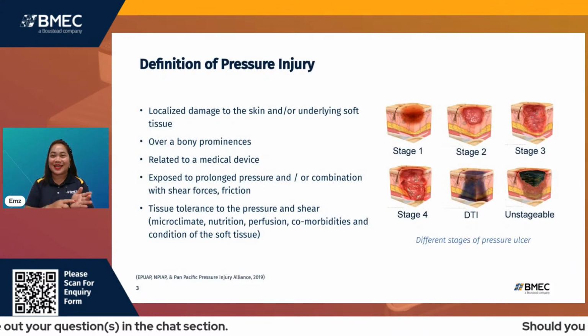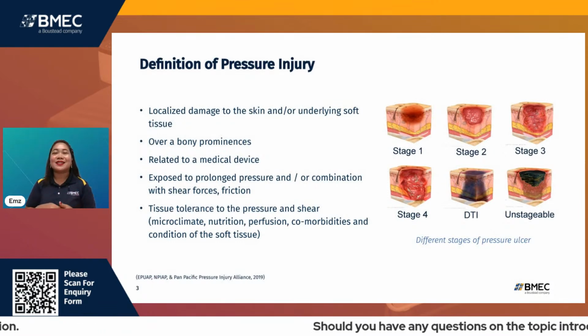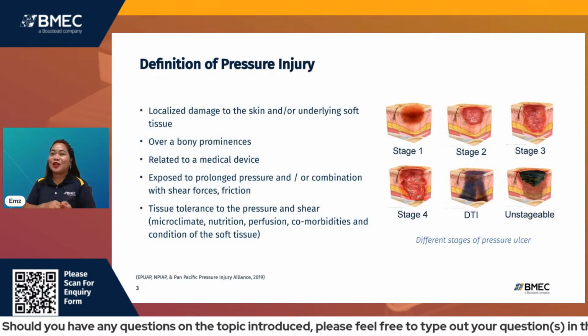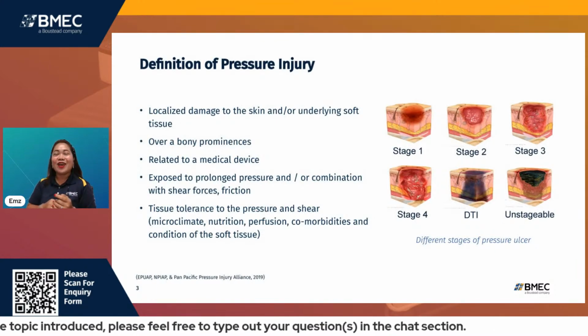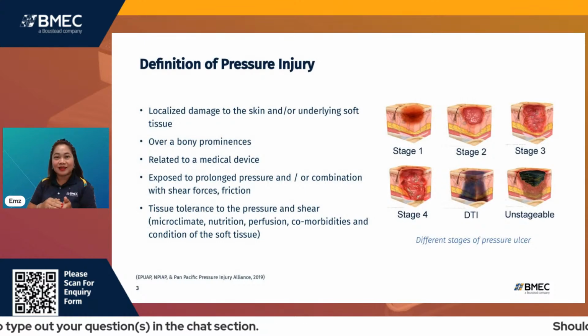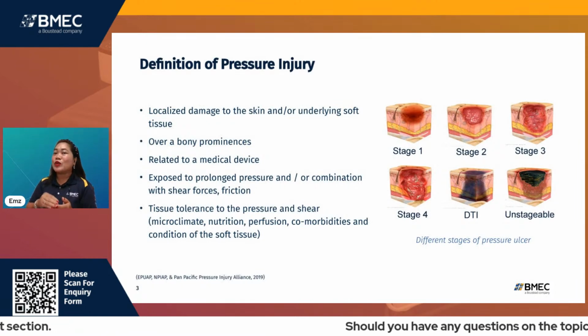When you touch the skin and it comes back to the original color of the skin, it's what you call blanchable. And when you press the skin and it doesn't come back to the original color, it's what you call non-blanchable.